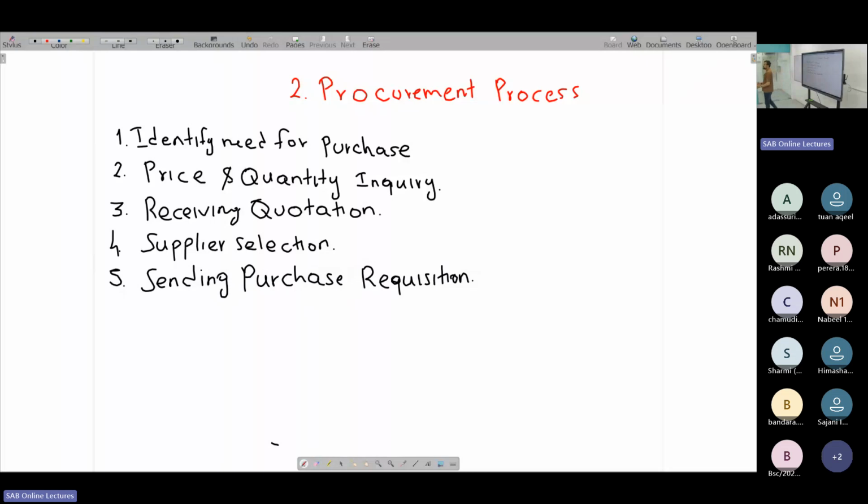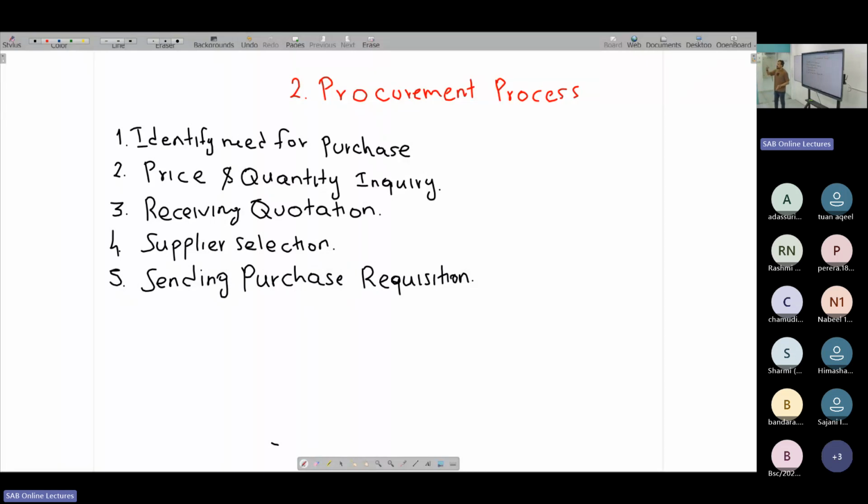If we want to select a new supplier, then this is the way: we should see the quotation, and after that select the supplier. Sometimes we may have an approved supplier list, where the cycle is already in place. But assume this is a new purchase order and purchase process, then we have to take this supplier selection process also. Once we select the supplier, the supplier selection process is finished.